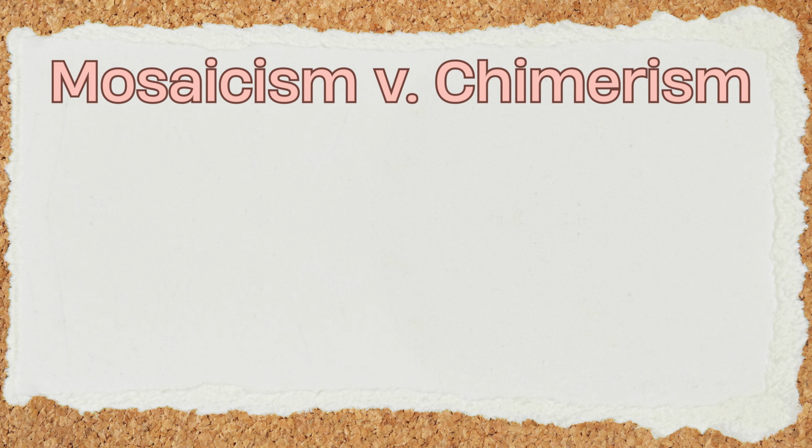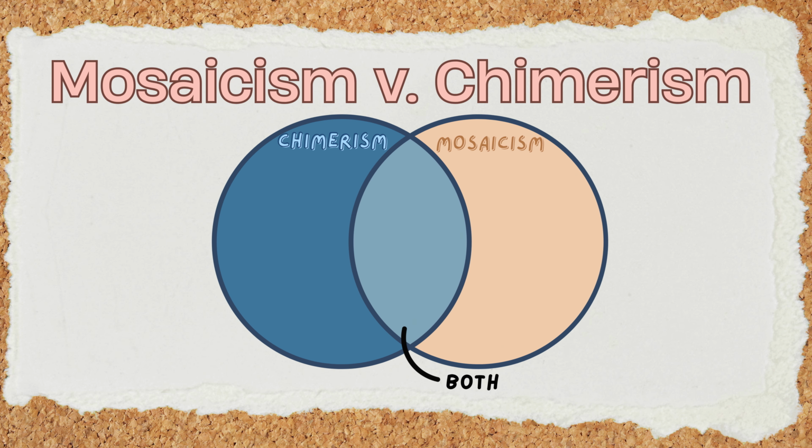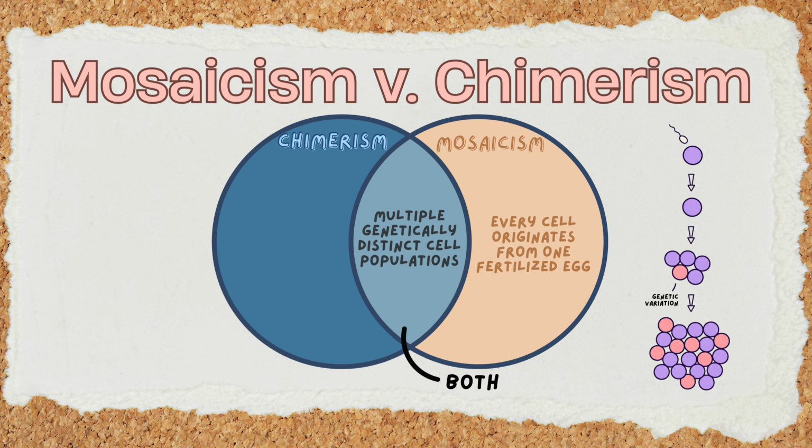Before we go further, let's distinguish mosaicism from another concept students often confuse it with: chimerism. Both involve multiple genetically distinct cell populations, but they arise in completely different ways. In mosaicism, every cell originated from one fertilized egg, and the genetic differences developed after conception.